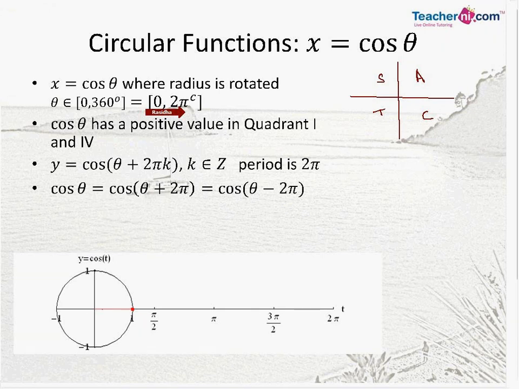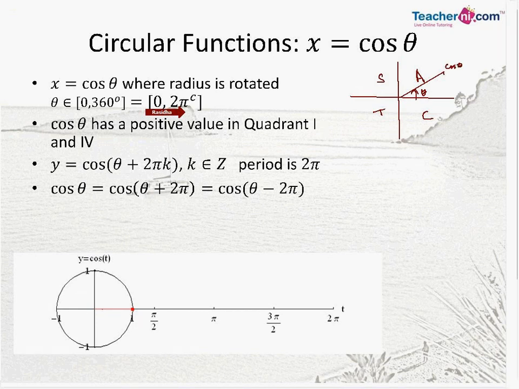See, if we have cosine theta, it's rotated to an angle theta. Say this is theta. Now, cosine of theta plus 2 pi k.